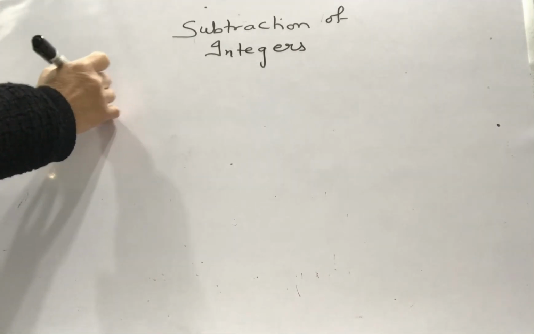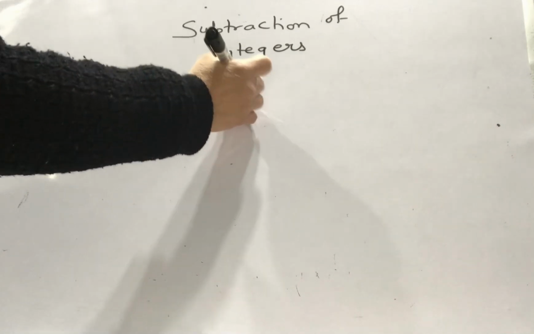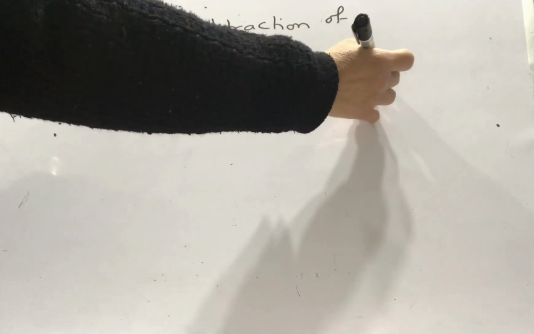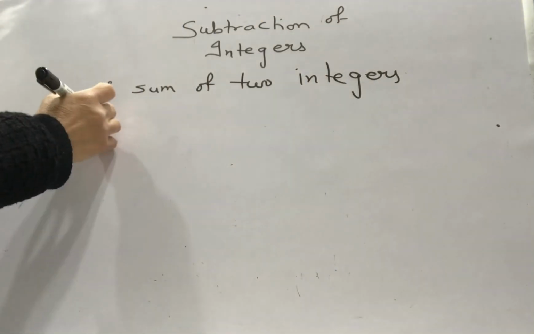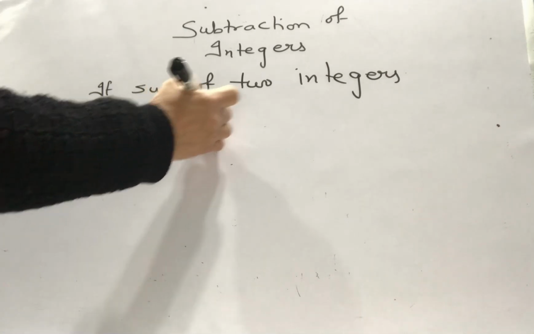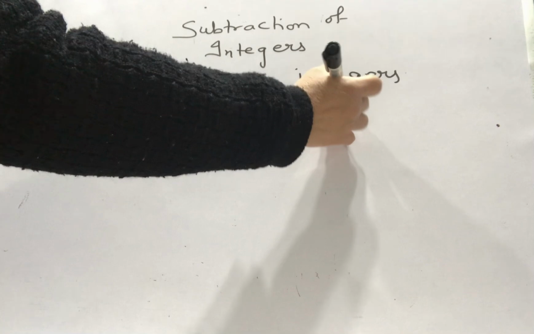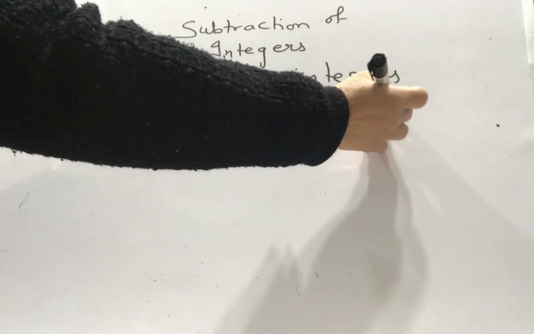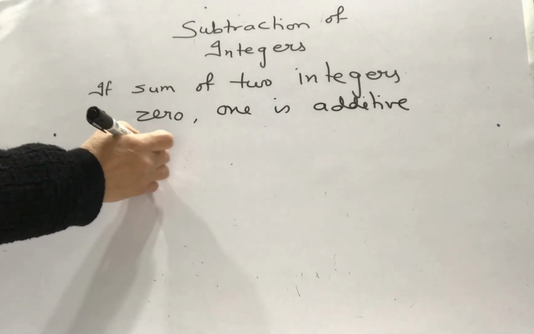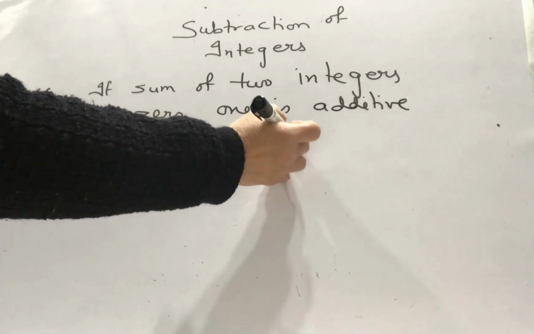So if the sum of two integers is 0, one is additive inverse of another. We are talking about two integers.